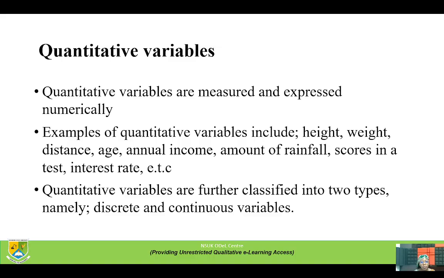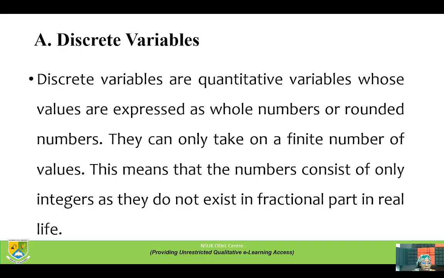For example, if we want to count the number of cats, we could say there are 8 cats, but it's not possible to say there are 8.5 cats. So it always takes a whole number. That's the discrete quantitative variable.